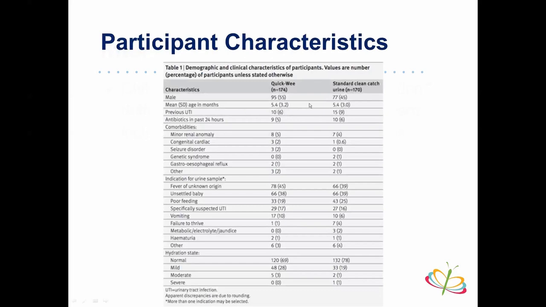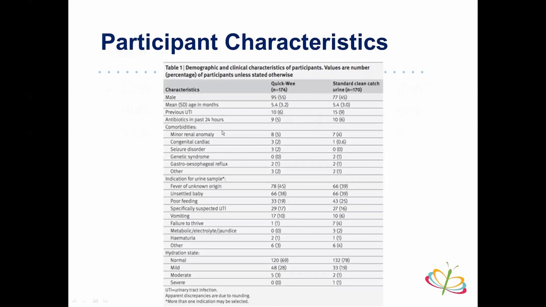And for gender, the quick wee had a slightly greater percentage in males compared to the standard clean catch, 55% compared to 45%. But otherwise, the mean age in months was equal at 5.4 months for both the arms. Previous UTI, fairly equal, 6% versus 9%, and then antibiotics, fairly equal as well.